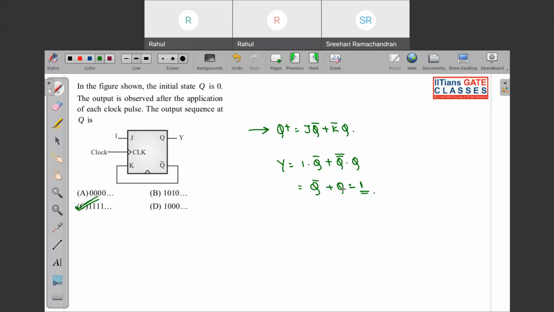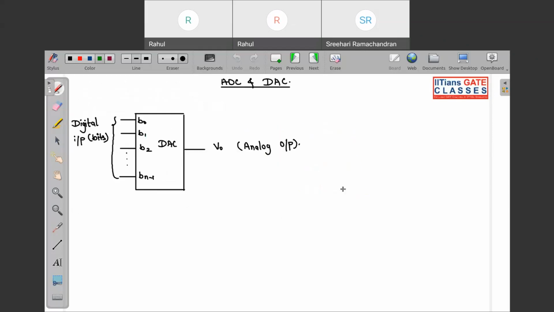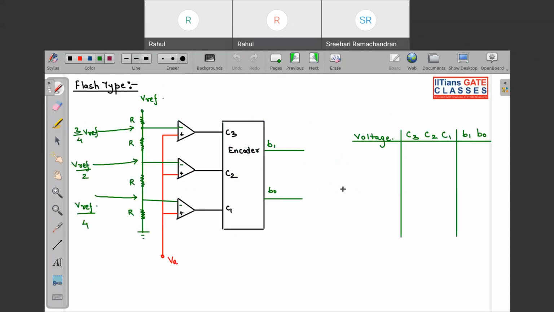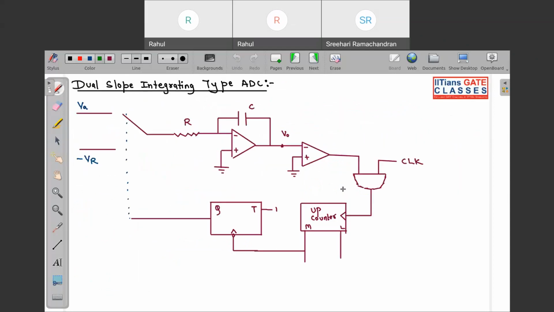Clear? Okay. So then let us start with ADC and DAC. What is ADC and DAC? We are going to cover it very briefly, because I don't think questions might be asked from this, since the questions that come from ADC or DAC are a little bit lengthy.